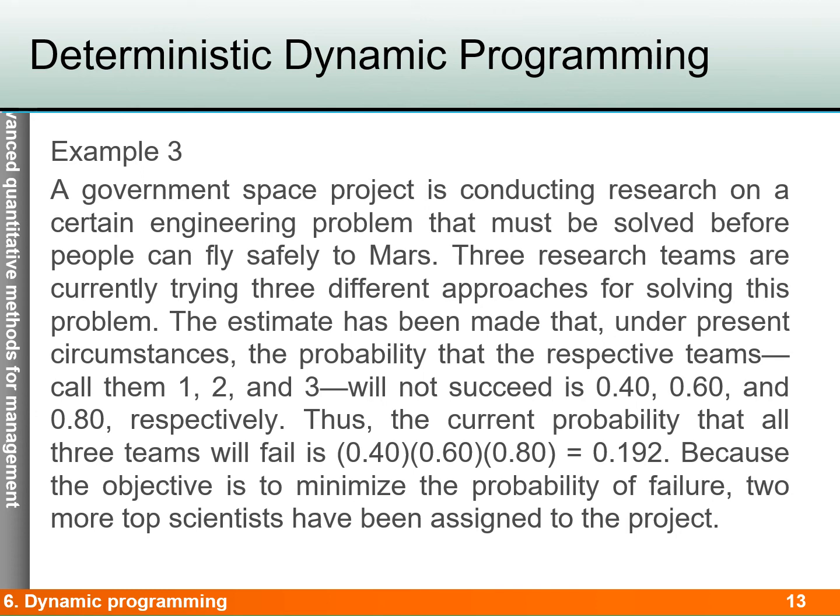The example says, a government space project is conducting research on a certain engineering problem that must be solved before people can fly safely to Mars. 3 research teams are currently trying 3 different approaches for solving this problem. So what are our activities? Our activities are the 3 research teams, like our 3 countries in the previous example.